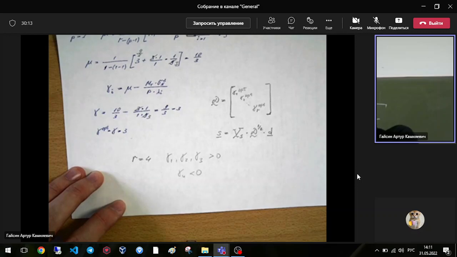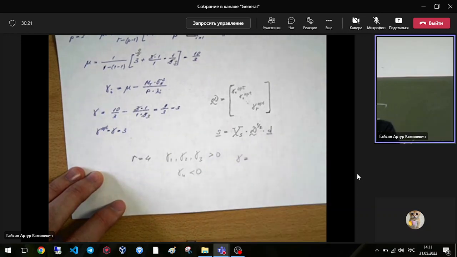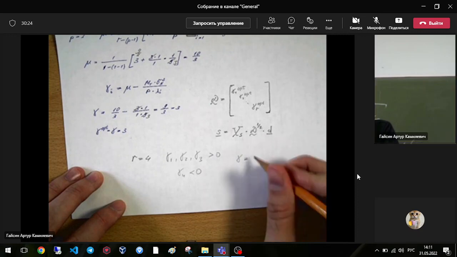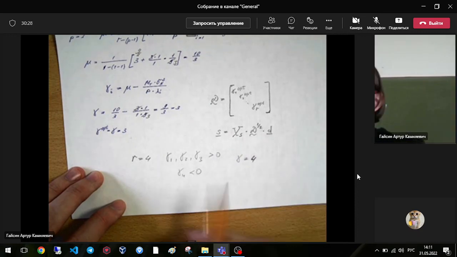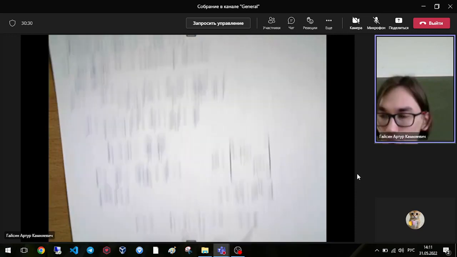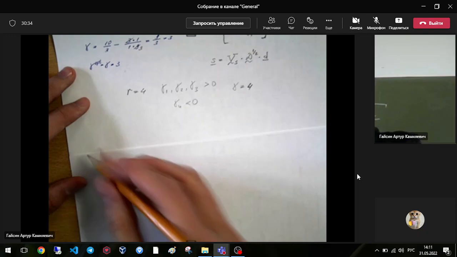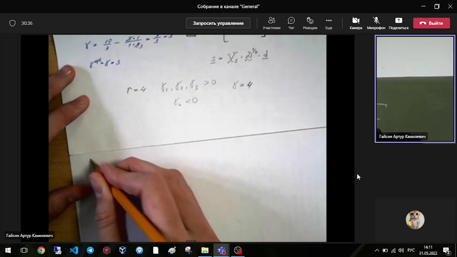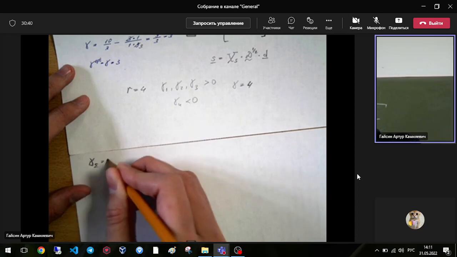And maybe, for example, let's say that this overall omega, let's call it omega sum, is equal to 4.